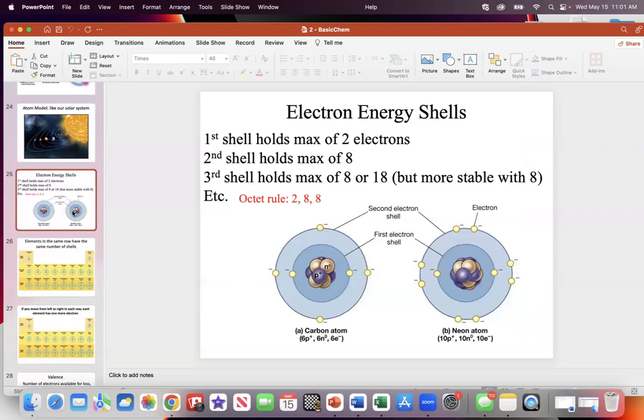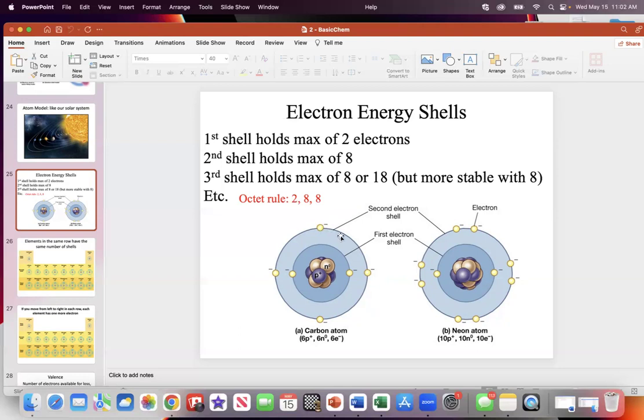Okay, now let's look at the electrons, because electrons give the atom its personality. Each shell can hold a different number of electrons. Shell number 1 is a small shell. It can hold 2. Once you have 2 electrons, the third one has to go to layer number 2.